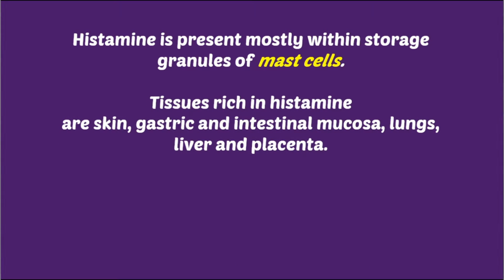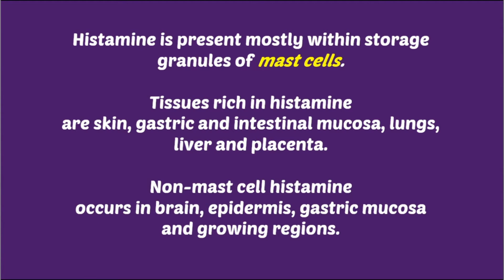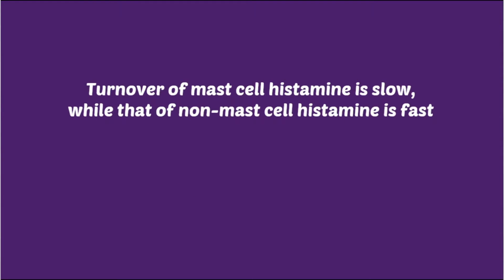Tissues rich in histamine are skin, gastric and intestinal mucosa, lungs, liver and placenta. Non-mast cell histamine occurs in brain, epidermis, gastric mucosa and growing regions. Moving on, turnover of mast cell histamine is slow while that of non-mast cell histamine is fast. So now what is turnover?